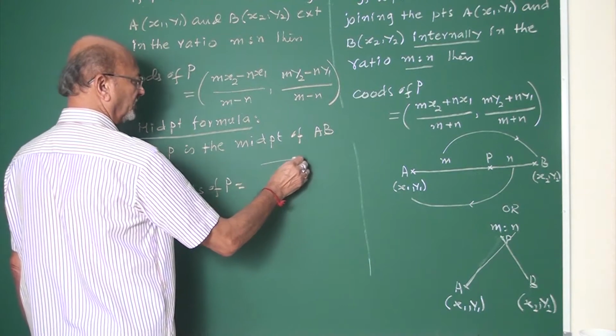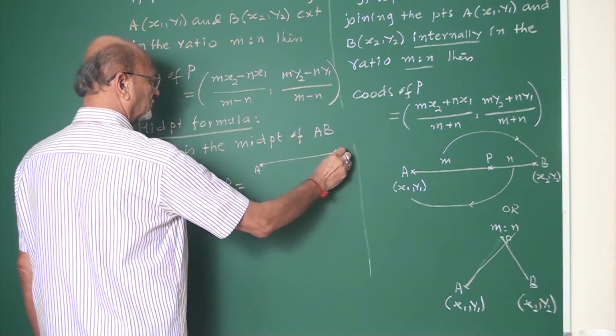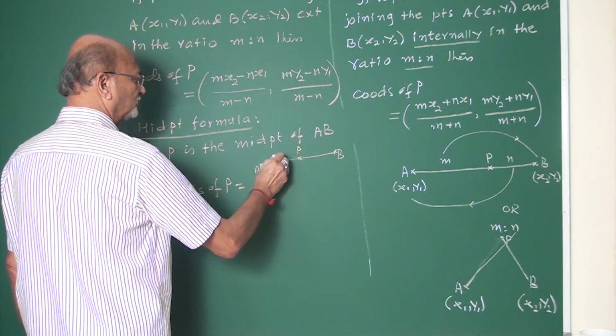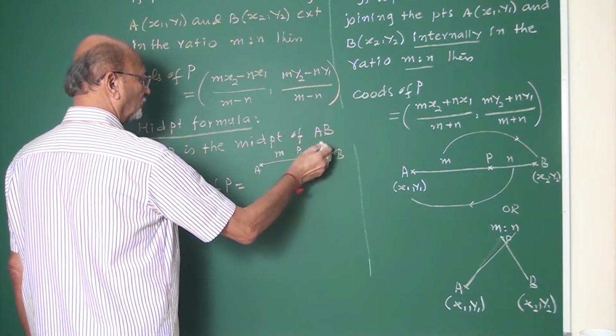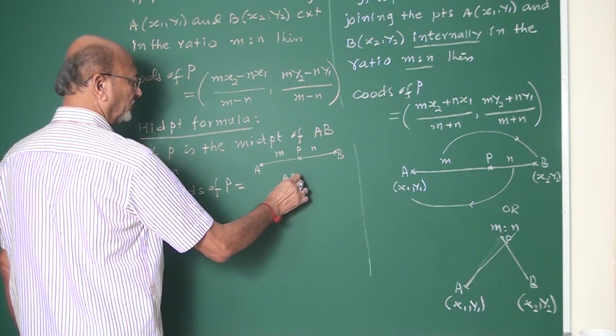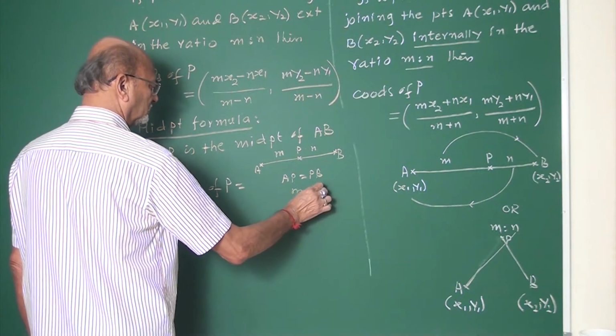This is your line AB, P is the midpoint. Midpoint means AP equal to PB, and AP equal to PB means m equal to n.